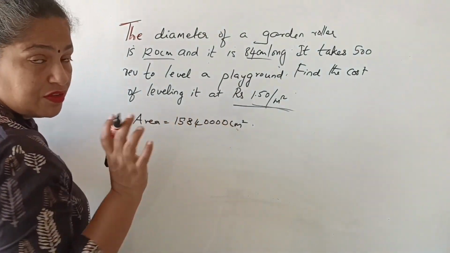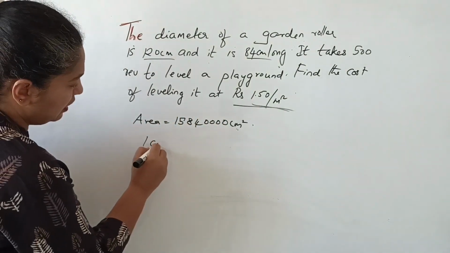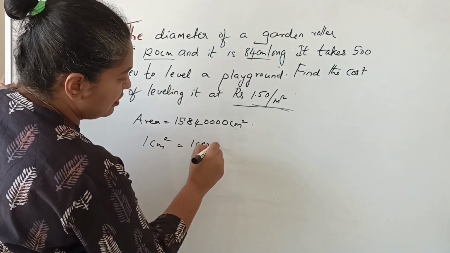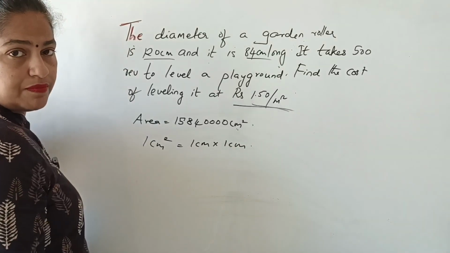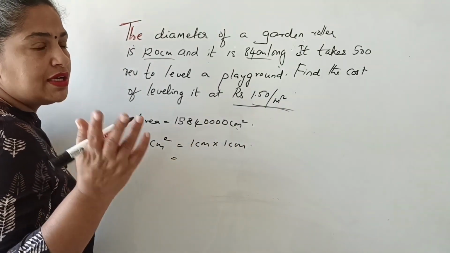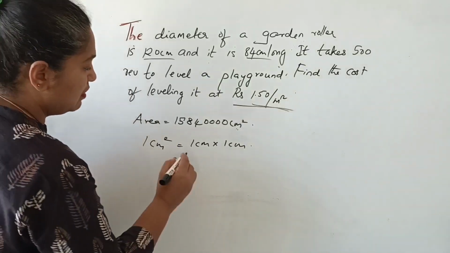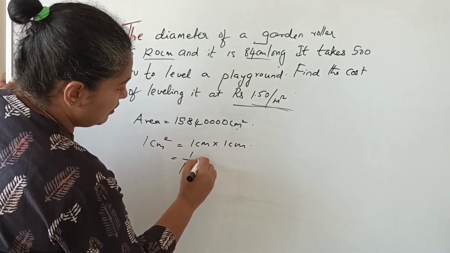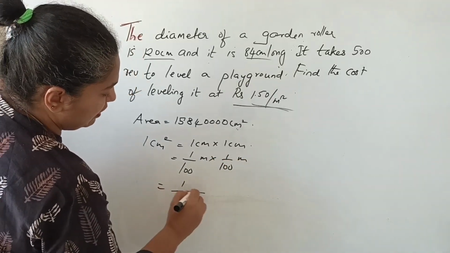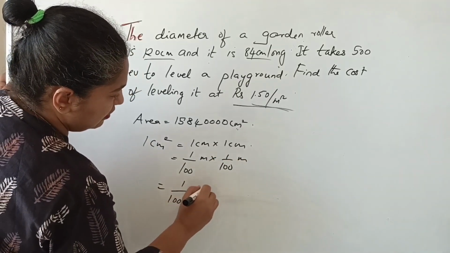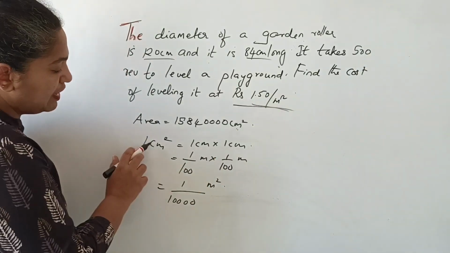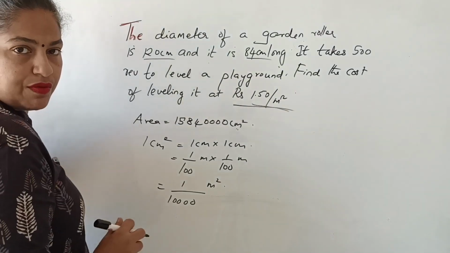In order to convert this into meter square, what is 1 centimeter square equal to? It is basically 1 centimeter into 1 centimeter. Now, centimeter to meter conversion, even a 5th grader can remember. That is 1 by 100 meter into 1 by 100 meter. Meter into meter is meter square, so 1 centimeter square is this many meter square.